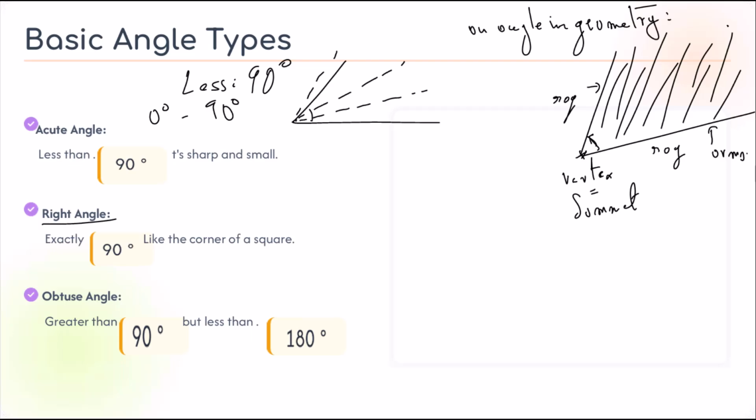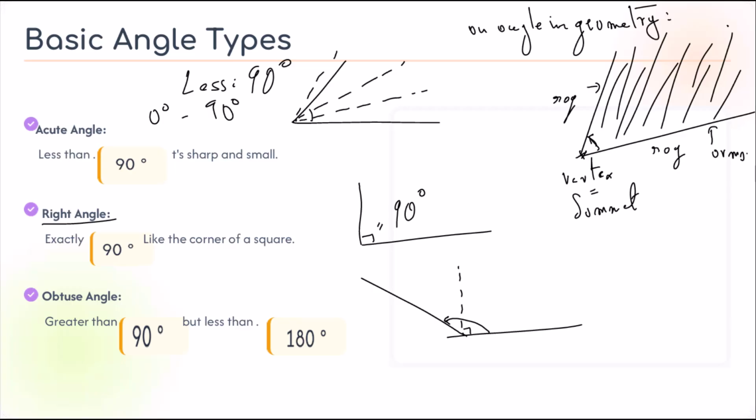The right angle is an angle where we use this square box as an arc to prove that it's a right angle, which measures exactly 90 degrees. And of course you can draw something bigger than the right angle, which is something that looks like this. This is called an obtuse angle, not acute, which is something less than 90.